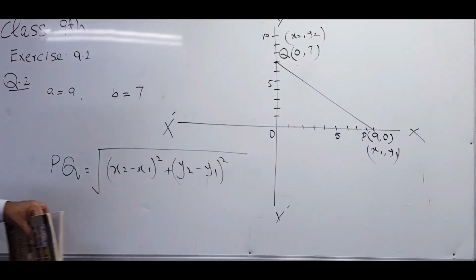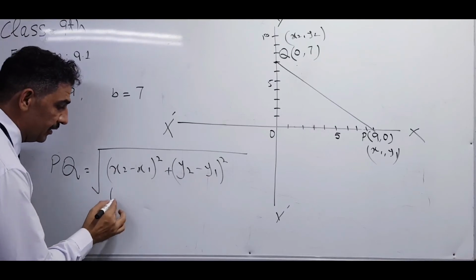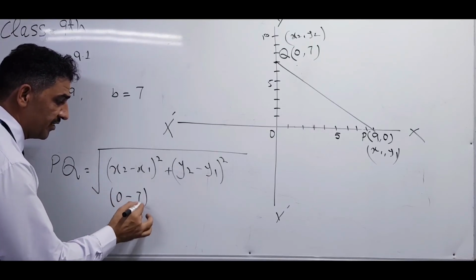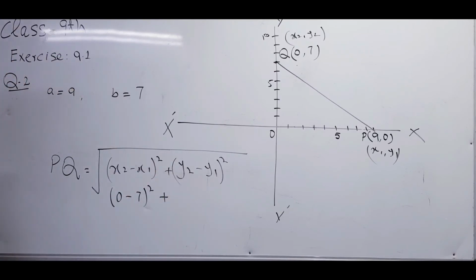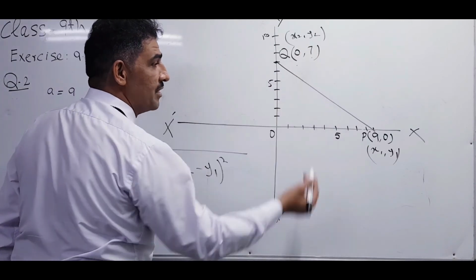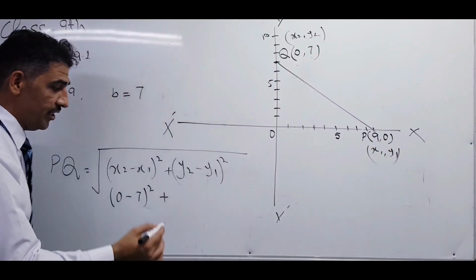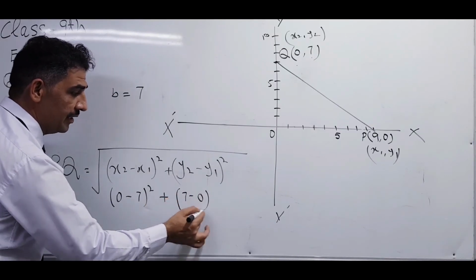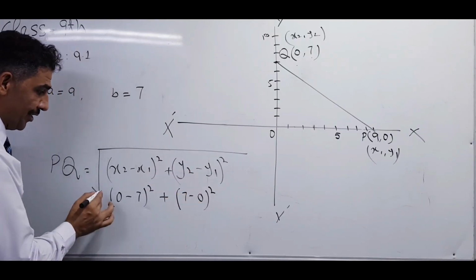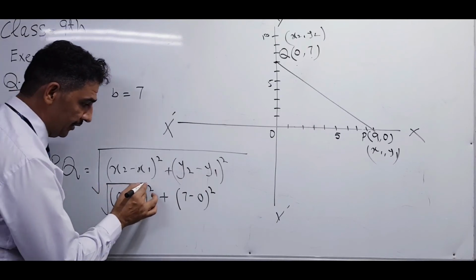Formula: x2 minus x1. So what should I write here? 0 minus 7 whole square plus y2 minus y1. What is the value of y2? y2 is equal to 7 and y1 is equal to 0. So we write 7 minus 0 whole square according to the formula, all under the root.